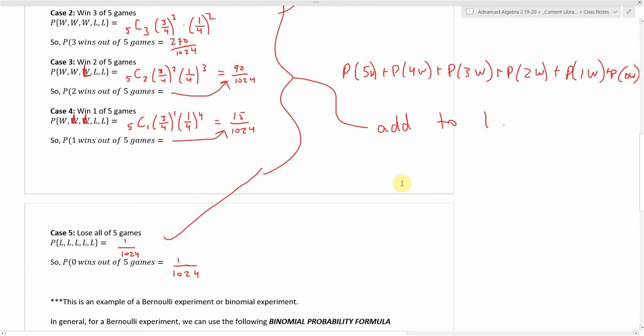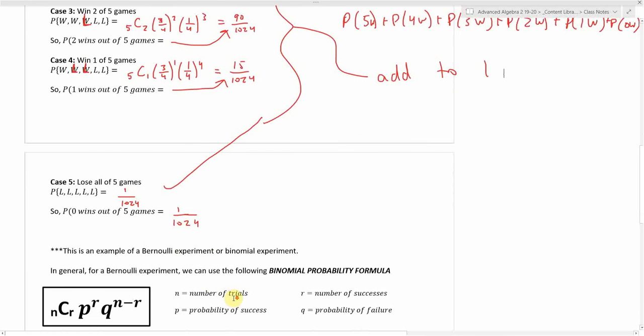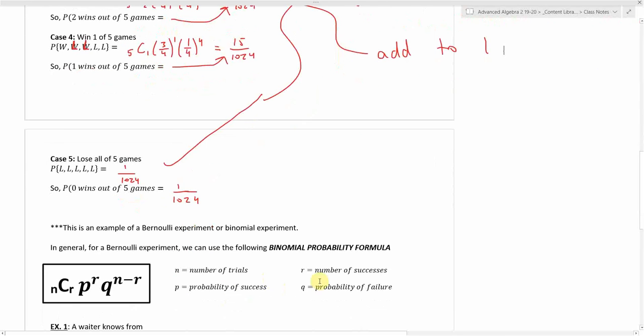Okay. And so this is an example of a Bernoulli experiment or a binomial experiment. And what we can do is generalize what we're seeing up here into a very powerful formula. And that formula is constructed as we see right here, where n is the number of trials. In the one case there we did the number of games. r is the number of successes, that was winning a game. How many wins were they going to get?